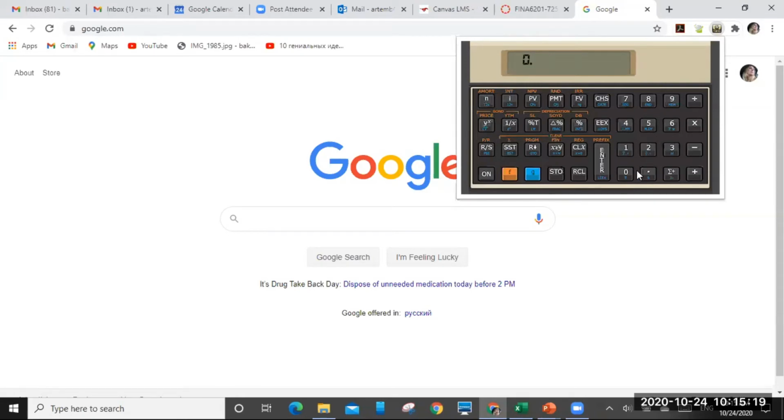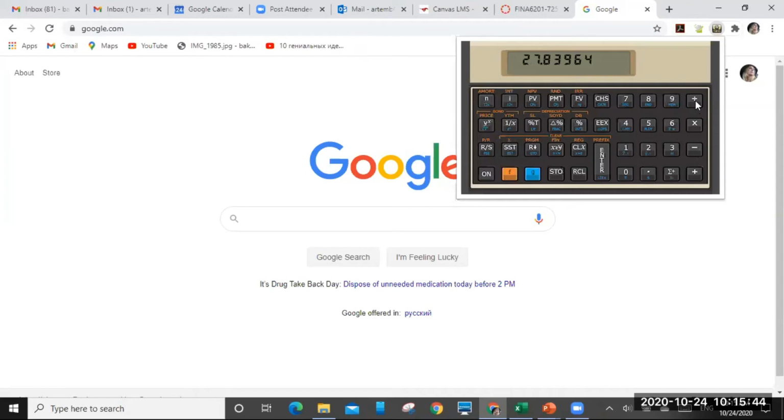And then in the denominator, I get 0.07, enter, minus 0.01, and then I press divide. So you get 183.96.